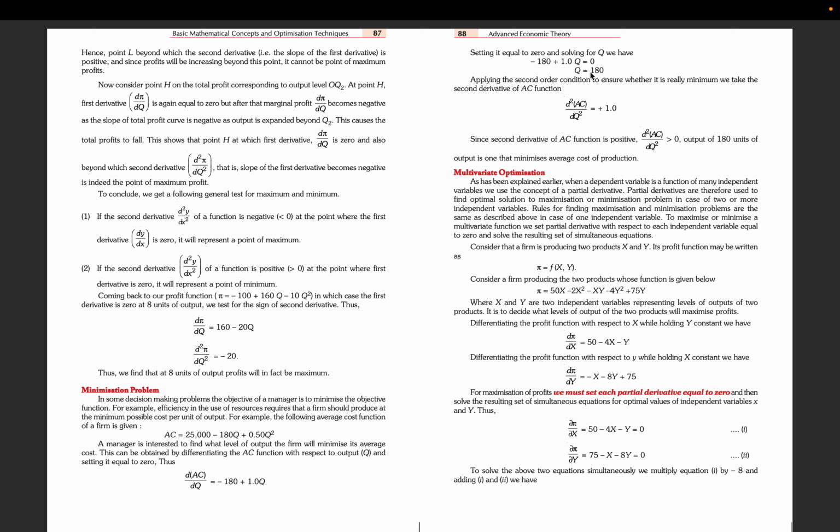The 180 is going to be a constant, so it's going to be ignored altogether. The only thing you're left with is a positive 1, which is greater than 0, and hence at the level of Q 180, the second derivative of the AC function is positive, and hence it is the minimum average cost of production, or this level of output basically minimizes the AC of production.